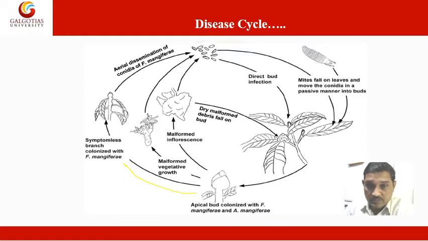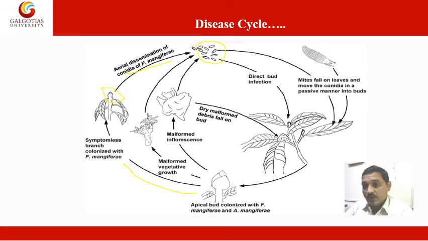Due to this, symptomless branches colonized with the Fusarium mangiferae, you can see some branches may be in asymptomatic condition, and the pathogens survive over there, and after the maturity of the pathogens, they spread through air, and the spores, you can see here, through air current.